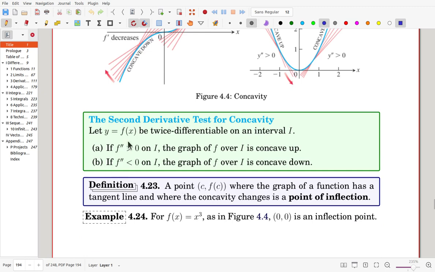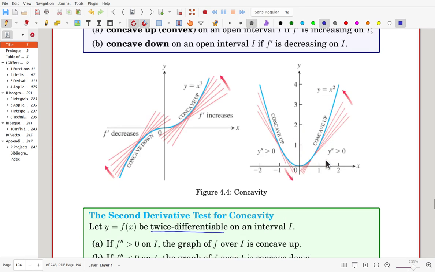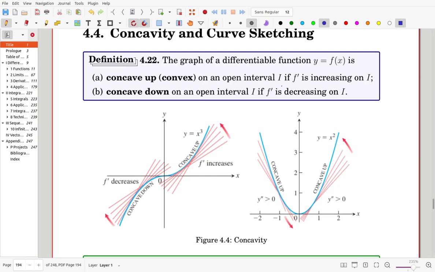Once we assume f(x) is twice differentiable, then from this definition, f prime is increasing means that the derivative of f prime, which is now the second derivative, is positive. If f prime is decreasing, that implies that f double prime is smaller than 0.